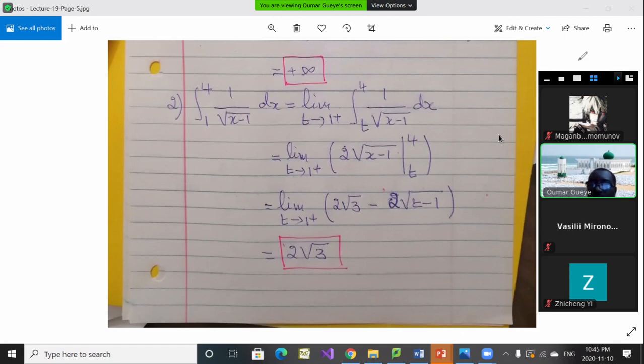In this case, my f in this example, f equal to x minus 1. And the f dash gonna be 1. Oh, okay. Thank you, sir.